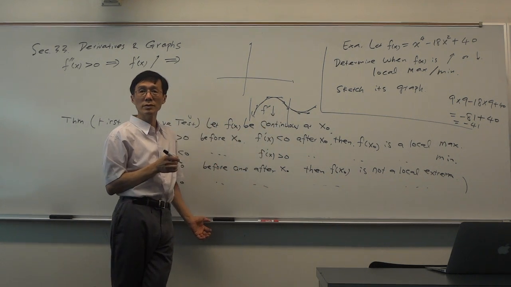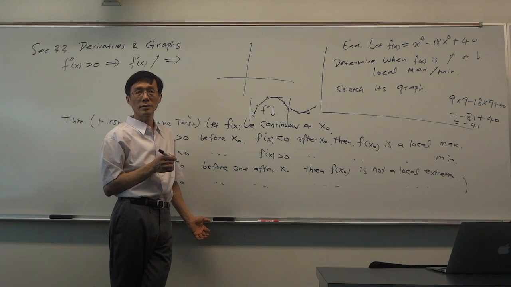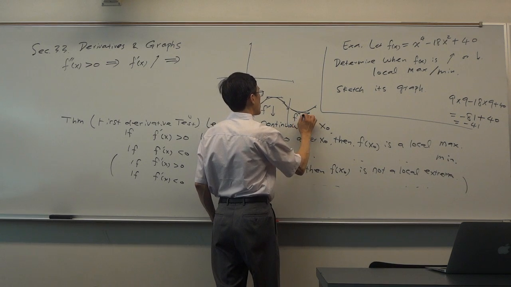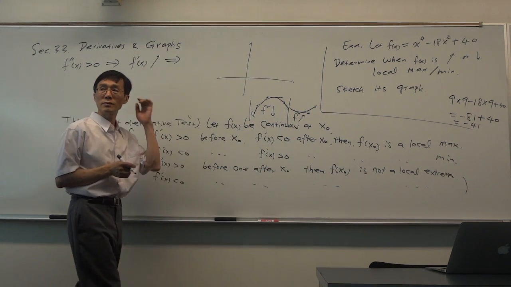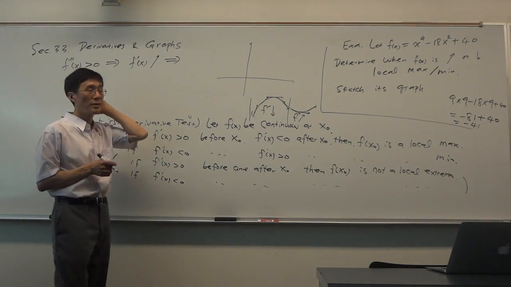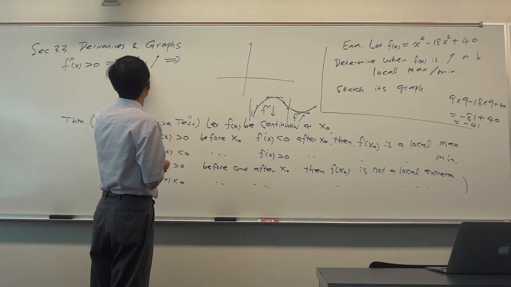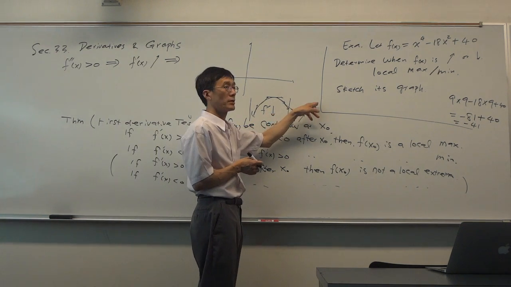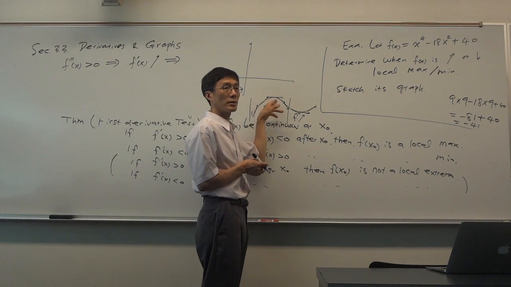Is that clear to you? And after that, f prime is increasing. So, because f prime is increasing, we must have a picture like this, rather than a picture like that.